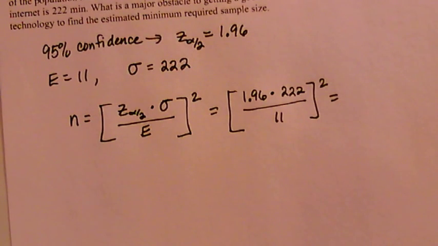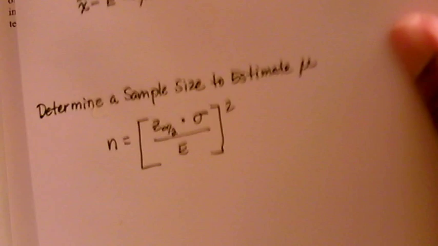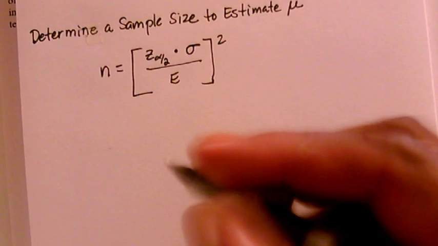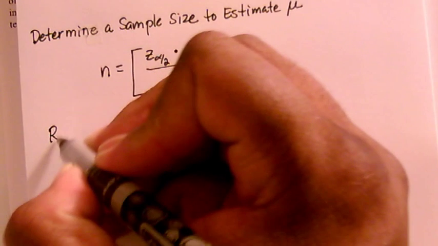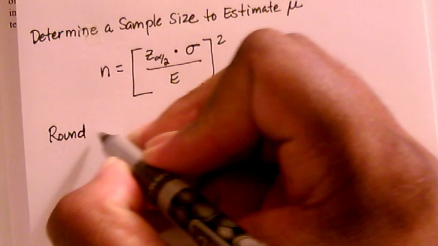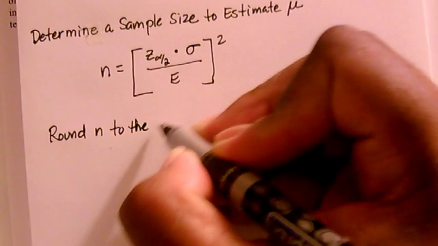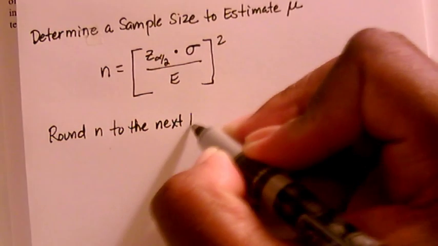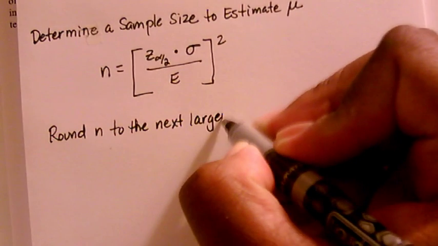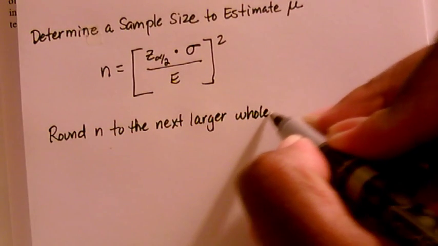And like we did in the other sample size required for a population proportion, we're going to round up to the next larger whole number. So let me go ahead and add this. Okay, we round to the next larger whole number.